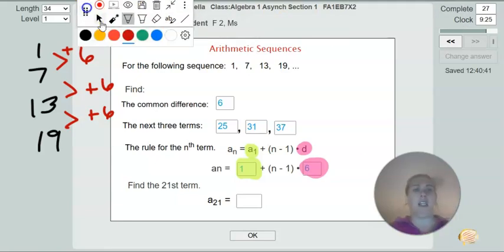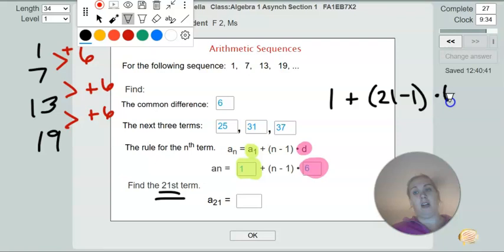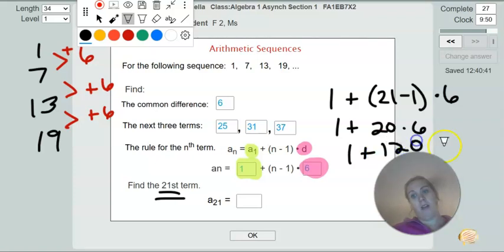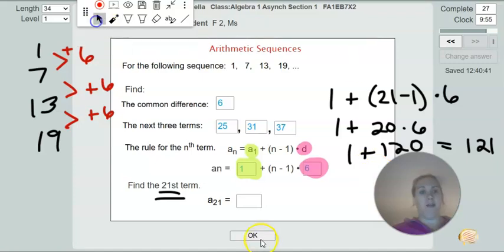If we wanted to find the 21st term, we're going to do 1 plus 21 minus 1 times 6. 21 minus 1 is 20 times 6. 20 times 6 is getting us 120. And then when we add 1 to that, we get 121 for our final answer.